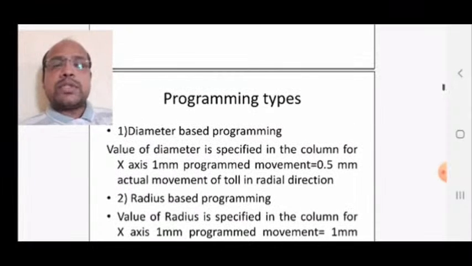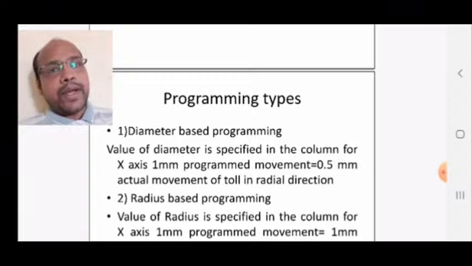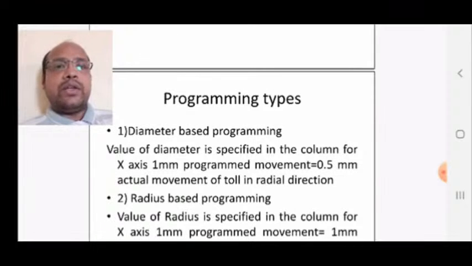So on the lathe machine, these two types of programming modes are usually used. So what is diameter based part programming? Value of diameter is specified. In this specified value, suppose in the x-axis I have specified 1 mm programmed movement.